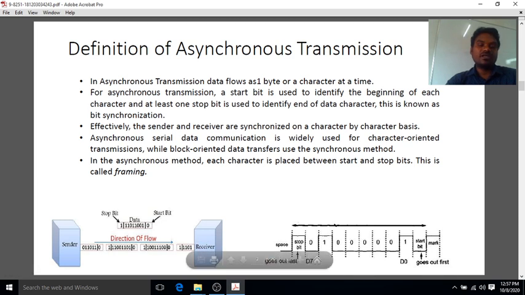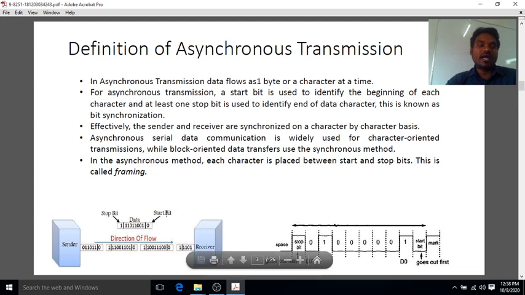The start bit identifies the beginning of each character, and at least one stop bit is used to identify the end of that character, the end of the data character. This is known as bit synchronization.